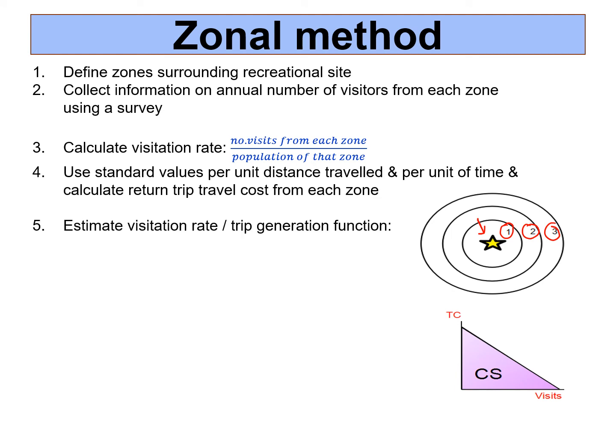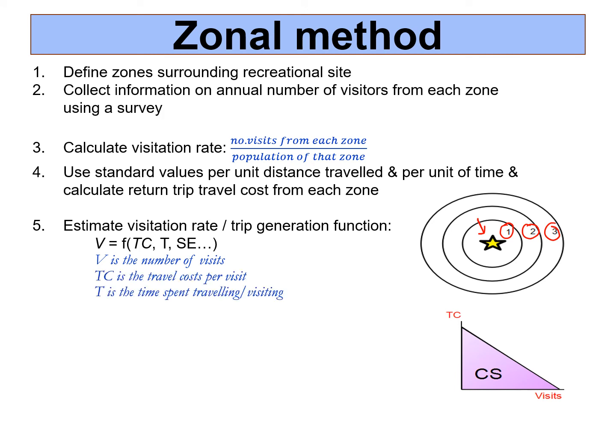Number 5, you have to estimate the visitation rate or the trip generation function. So your visitation rate or the number of visits is a function of travel cost as well as time and the socio-economic characteristics of your respondents. Okay, so here are the definitions of each of the short forms.